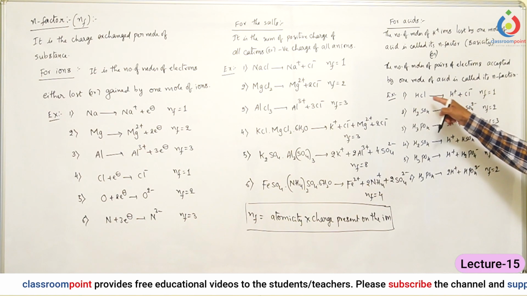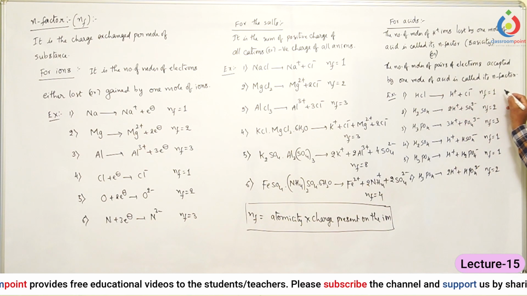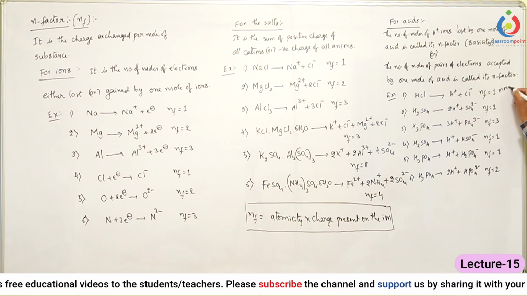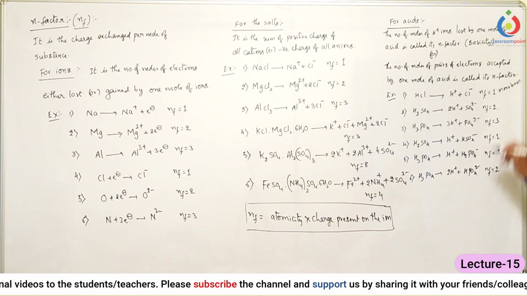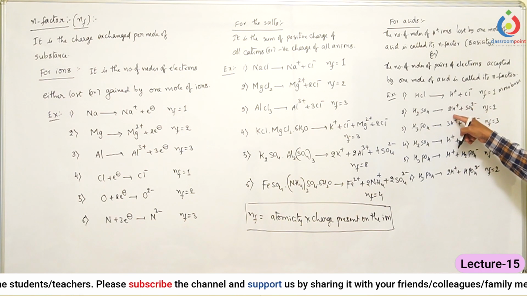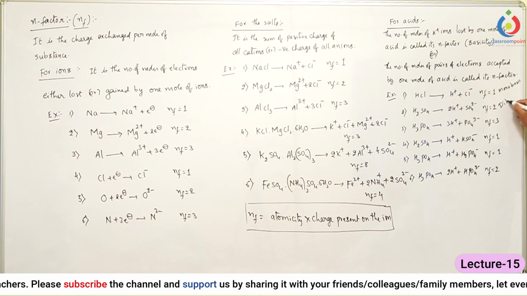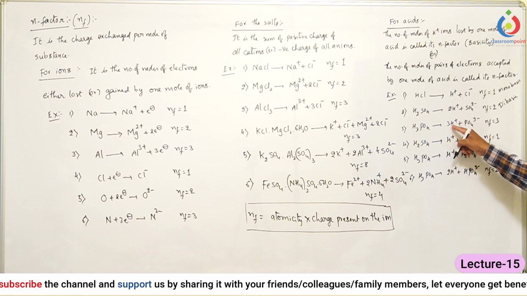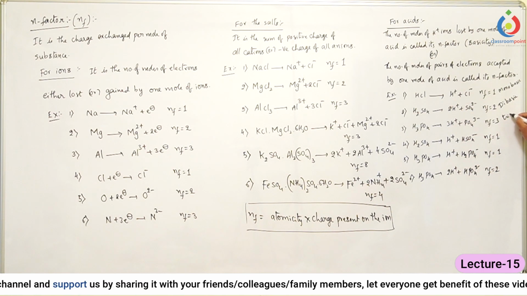So the acids which release only 1 H plus ion, they are called the monobasic acids. Which are releasing the 2 H plus ions are called the dibasic acids. And this is called the tribasic acid.